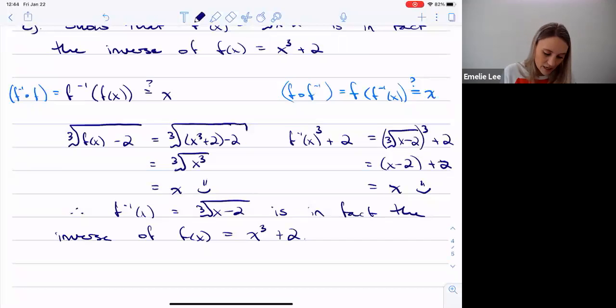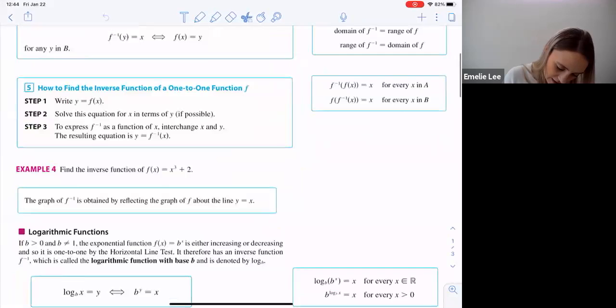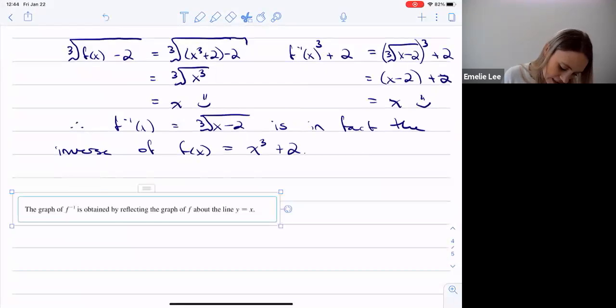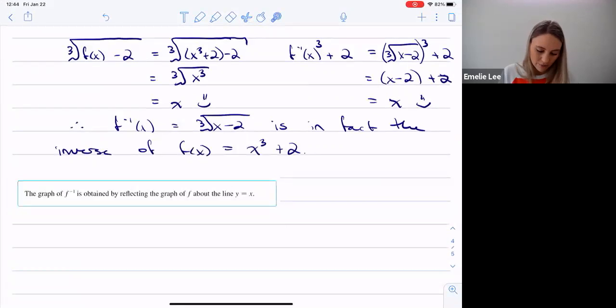Before we end, I'm just going to throw in the fact that graphically, the inverse, and I always have a hard time visualizing this, but the graph of the inverse, you get it by reflecting across the diagonal.